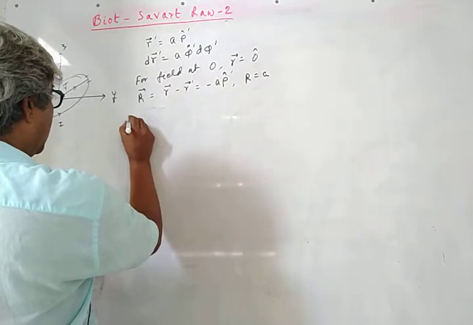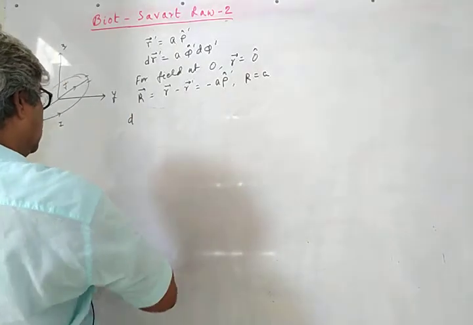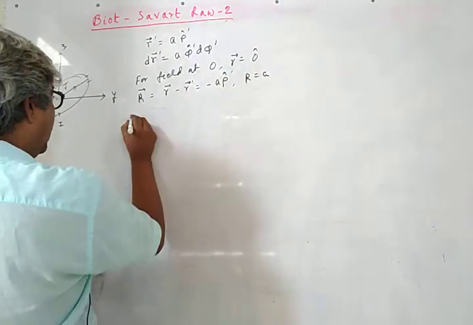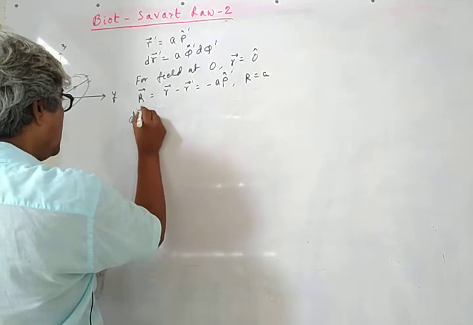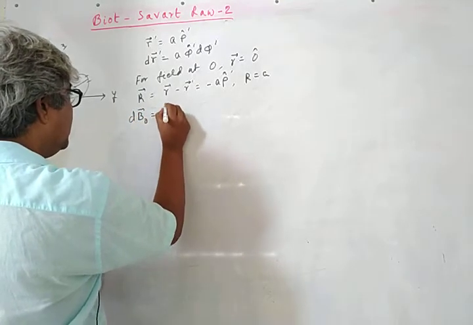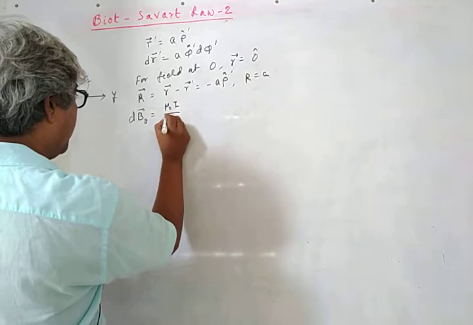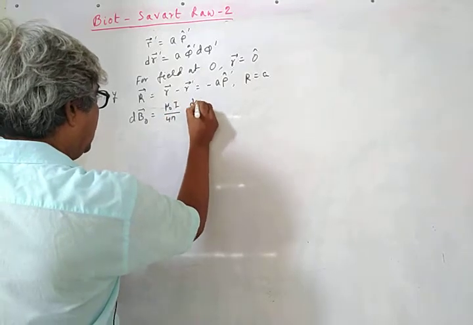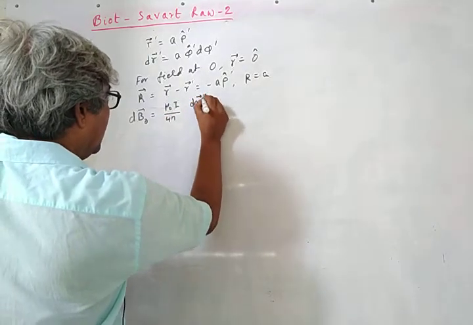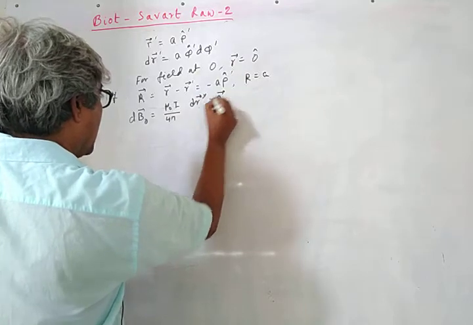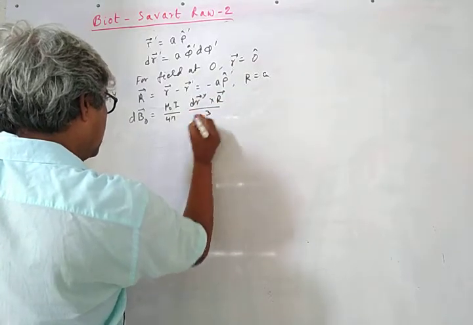So the field at O is equal to mu 0 I upon 4 pi, dr prime cross R by R cube.